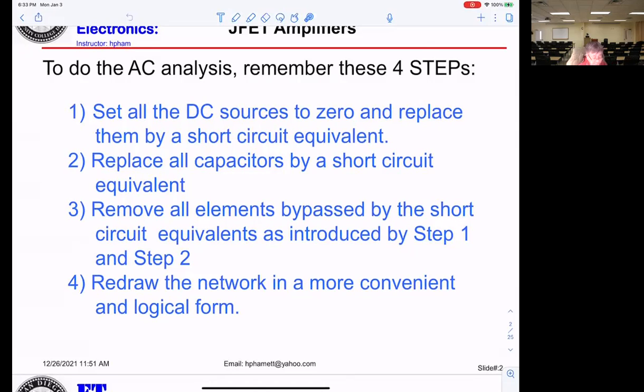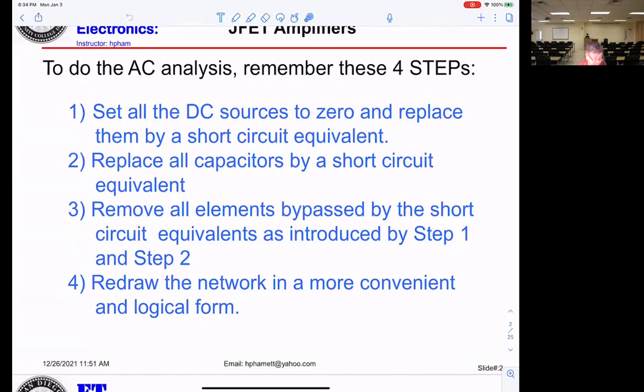Number 2, replace all capacitors by a short circuit. That means in the AC you don't see any more capacitor, they just short it.